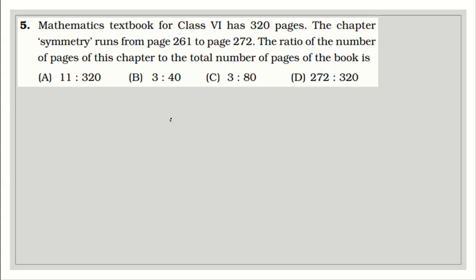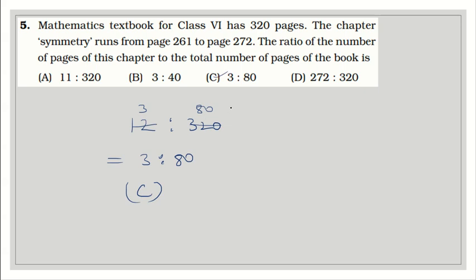The total number of pages is 320 and the number of pages of this symmetry chapter from 261 to 272 is 12 pages. So 12 is to 320. Now on simplification, 4 3s are 12 and 4 80s are 320. So the right answer is 3 is to 80, which is C.